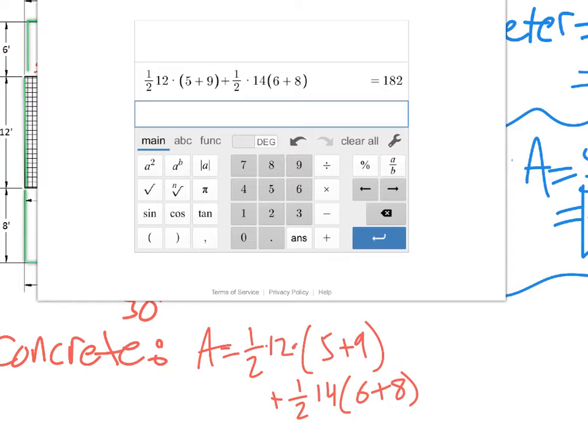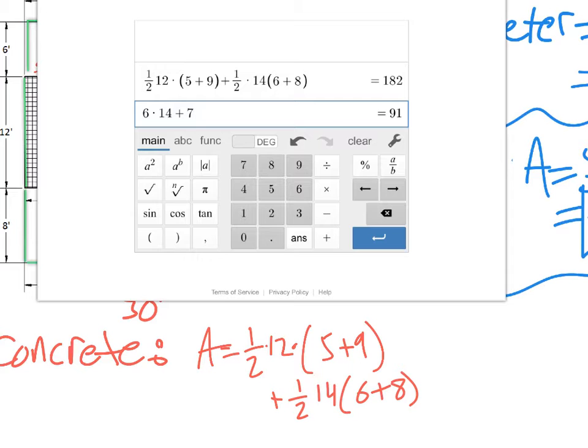If I was typing this in my calculator, I would just do this part in my head. 1/2 times 12, well, we know that's 6, times 5 plus 9, which is 14. Plus, I just did that part in my head, and that part in my head. It's going to be quicker than typing.